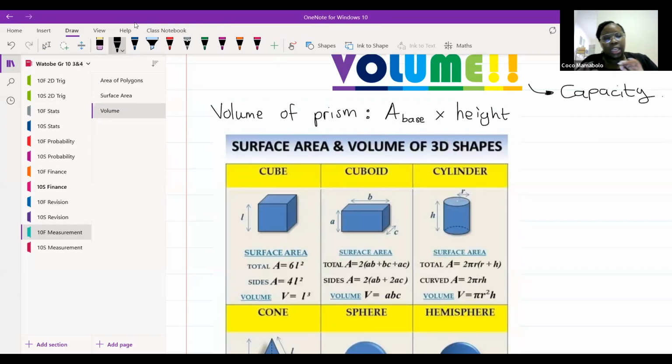So it's not going to work the same for pyramids, where things all go towards an apex. Those kinds of things won't work.